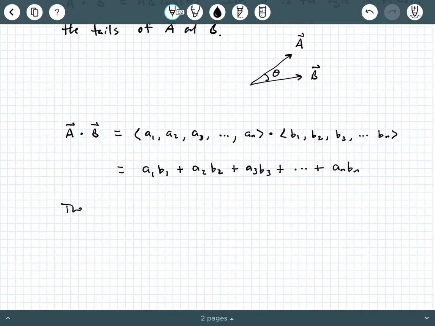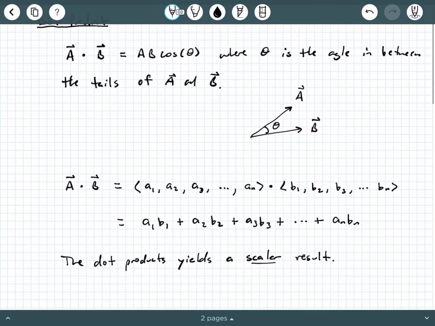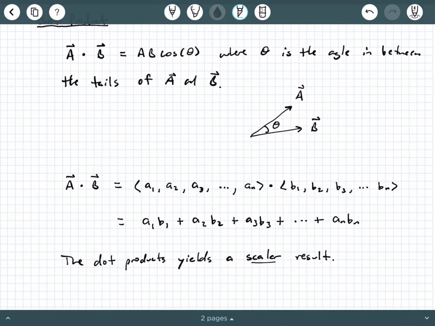Another thing to keep in mind is the dot product yields a scalar result. So if you look at both forms of the dot product that we've written here so far, we have the magnitude of A times the magnitude of B times cosine of the angle in between.